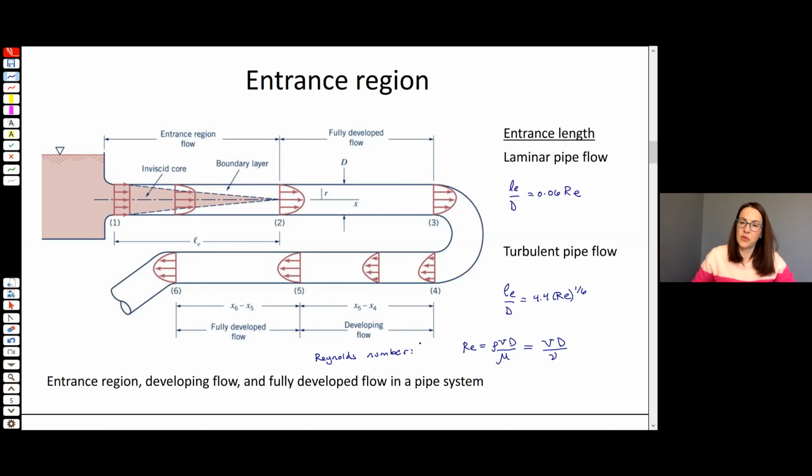And it turns out for pipe flow, for a given Reynolds number, we can say whether the flow is laminar, transitional, or turbulent. And let me just write those down here.